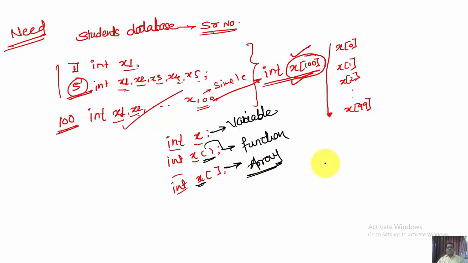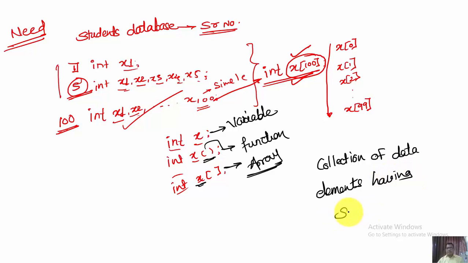And what is an array? An array is basically a collection of data elements having the same data type. So what does it indicate?